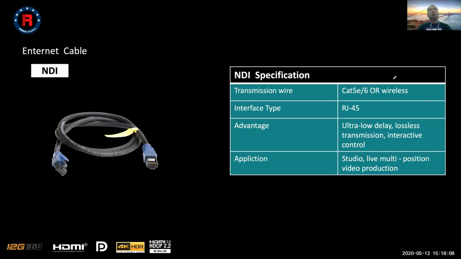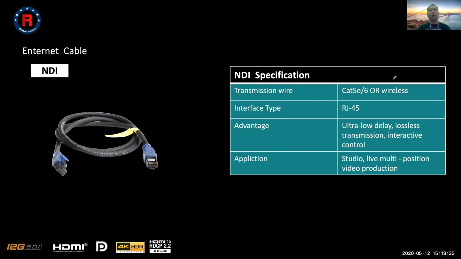This is NDI, introduced during these two years. It starts from Full HD also, and now it is 4K 60. But it's lucky for us that it only requires 1 gigabit network equipment.